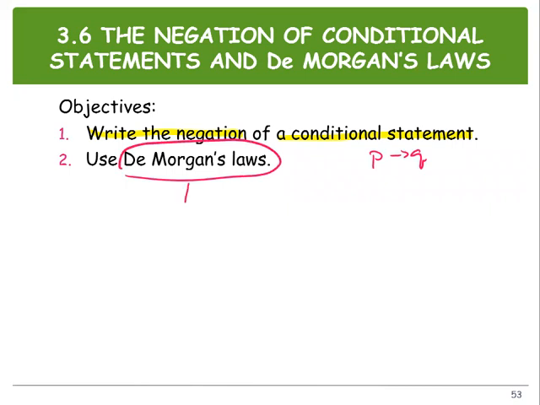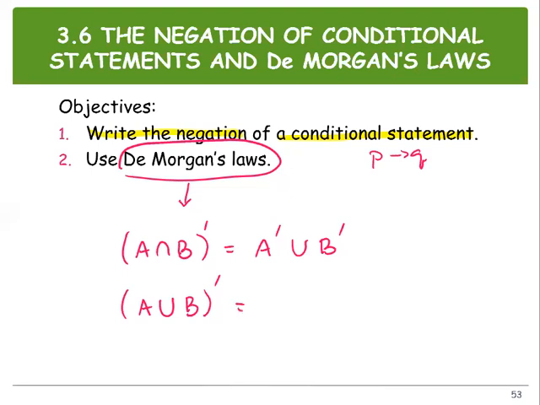De Morgan's law in chapter 2, if you recall, is the complement of the intersection of set A and set B is the union of the complement of A and the complement of B. And the other one is the complement of the union of set A and set B is the same as the intersection of the complement of A and the complement of B. You can treat it by distributing the complement to each term inside the parentheses.